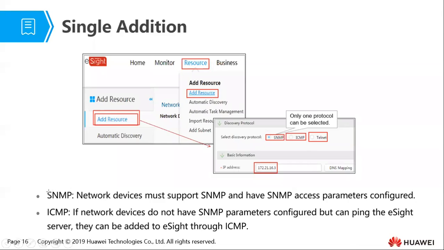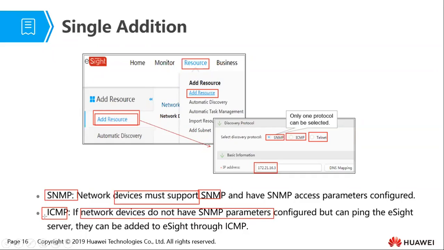So when you're using SNMP, you must have enabled SNMP on your devices. Otherwise, for ICMP, we know that you can always ping any device on your network. So here, network devices do not have SNMP parameters.